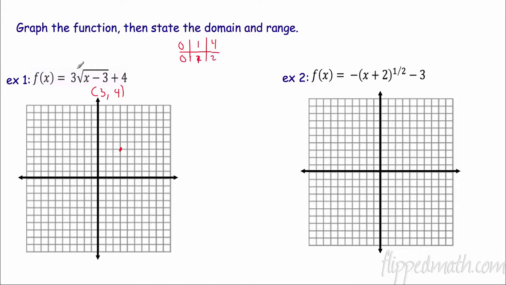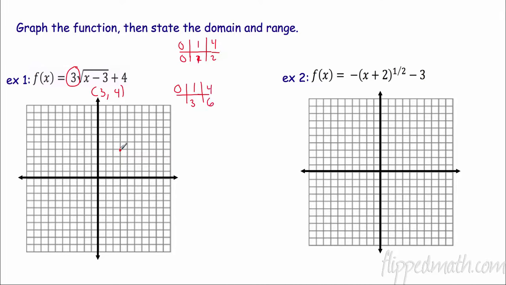Well, I'm going to scale this one by 3, so I'm not going to go to 0, 1, and 2. I'm going to multiply by 3. So I want to go over 0. My next one, I want to go over 1, and I'm going to go up, instead of 1, I'm going to go up 3. And instead of going up 2, I'm going to go up 6.